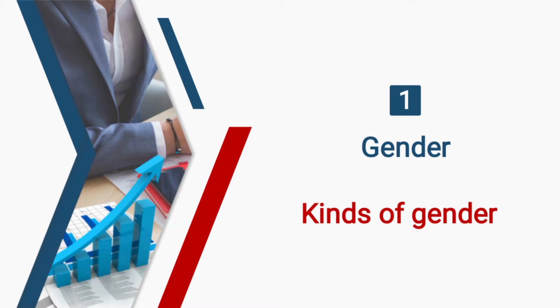Then second kind is feminine gender. See, a noun that is the name of any female person or female animal is said to be of the feminine gender. Like girl, aunt, cow, women. They are the examples of feminine gender because they are the names of female.